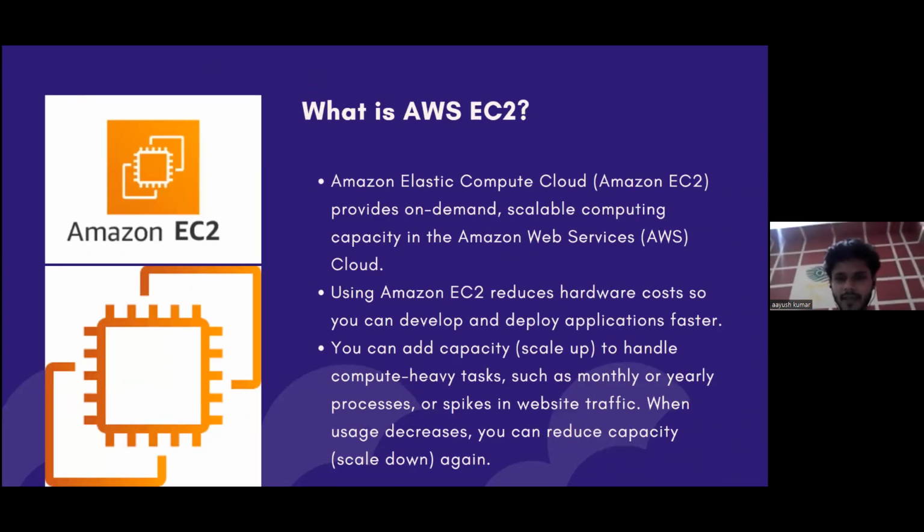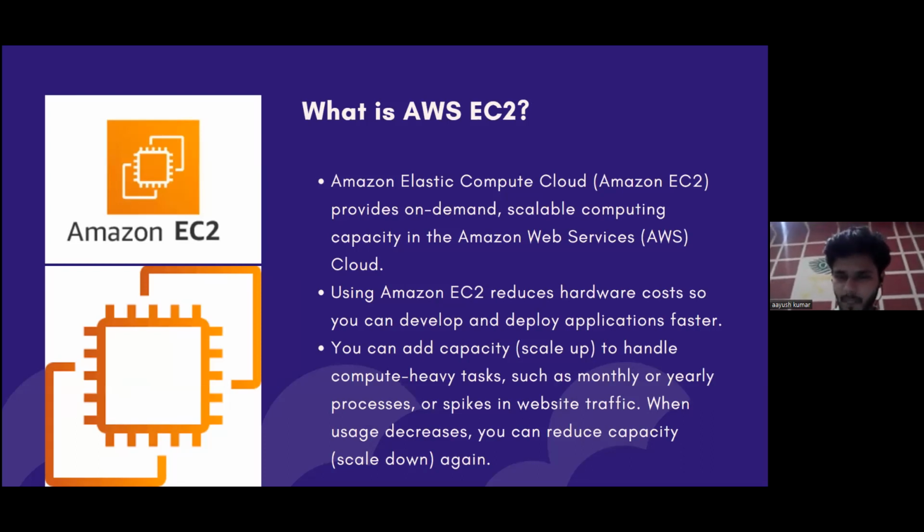So now we are going to discuss about the EC2. Basically, AWS offers many services for different purposes, and EC2 is one of them. EC2 is basically a computation service which provides virtual machines known as instances. So using EC2, we create virtual servers. These servers are known as instances, and these instances we can configure according to our need.